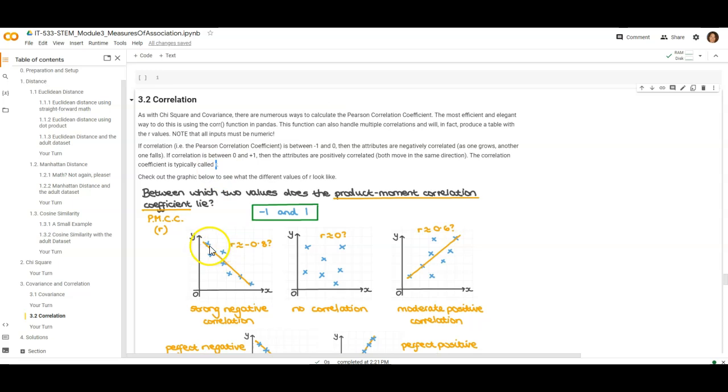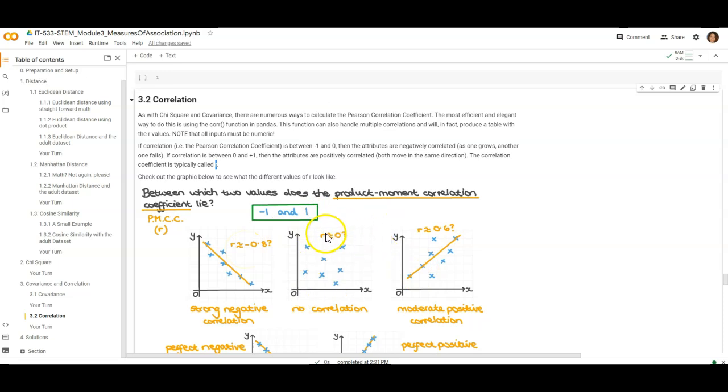So if you see an R value between two attributes here, X and Y, that is negative, that means as our X value grows, our Y value falls. This produces an inverse correlation or a negative correlation.